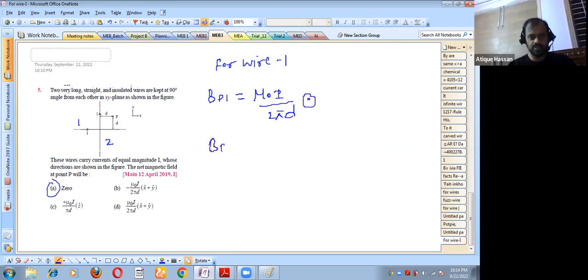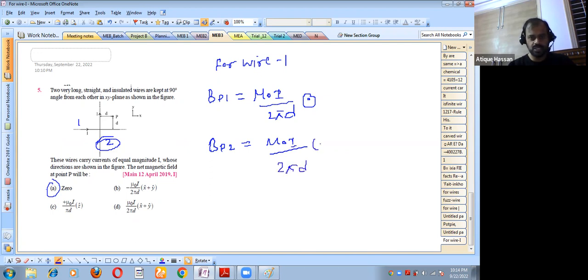Similarly, we can find the magnetic field at point P due to wire 2. 2 is this wire. So what will be the value of magnetic field? That will be the same, mu naught I by 2 pi d, as this distance is also d.